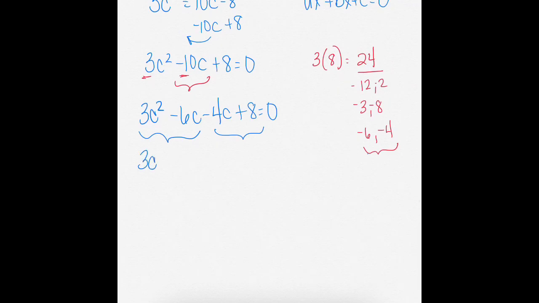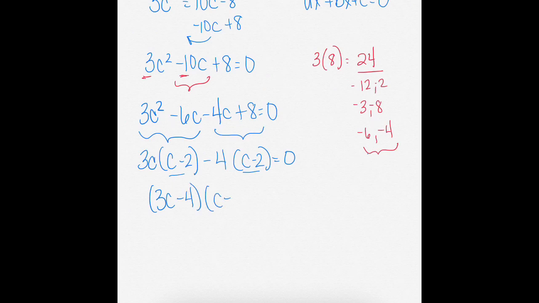They both have 3c in common. That leaves me with c minus 2. Factor my next two terms. I'm going to factor out a negative 4. That leaves me with c minus 2. If my binomials match, we're using a method from, I want to say, 7.1 or 7.2. So 3c minus 4 and c minus 2 are my two factors.